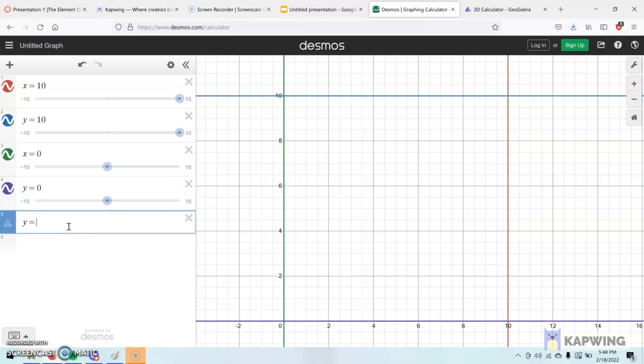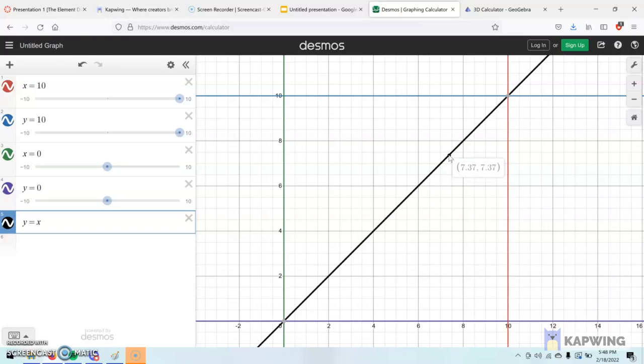Now, all points that lie on this line are representative of arrays that are not distinct. If you look, the two coordinates here are 5.5 and 5.5, meaning that if this were an array, it would not be a distinct array, or it would have duplicate elements, which is not what we're looking for.